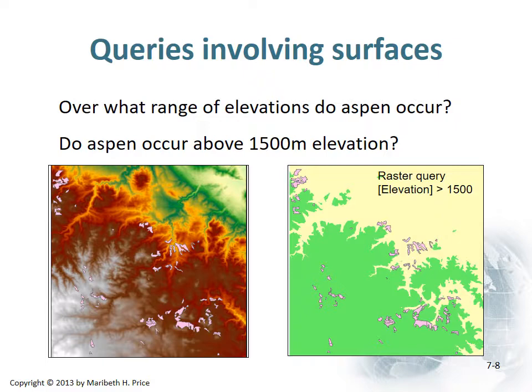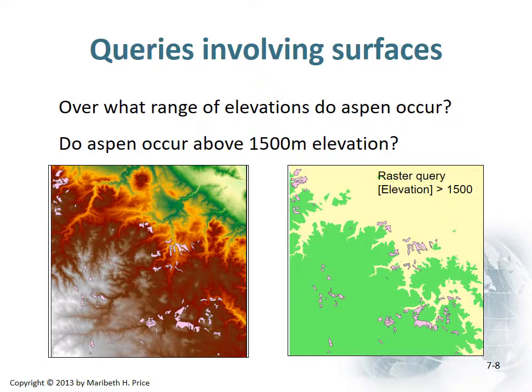And another type of spatial query is looking at surfaces. So remember that vector data is really good for discrete phenomena, and rasters are really good for looking at continuous surfaces. So we can query our rasters by posing a question, and in this case we're interested again in aspen.